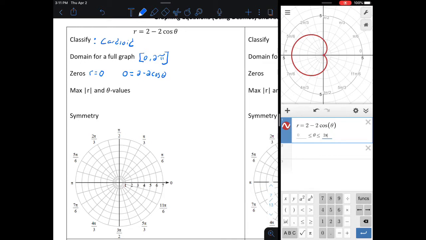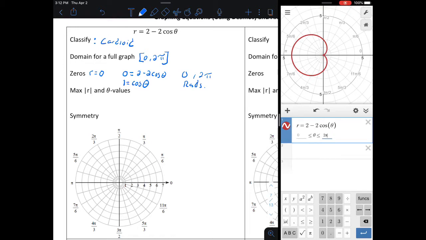I could look at that expression and say, all right, the right-hand side is going to produce 0 when cosine equals 1. Cosine is going to equal 1 on my unit circle at 0 and at 2 pi radians. So the zeros here are going to be at 0 and or 2 pi radians.